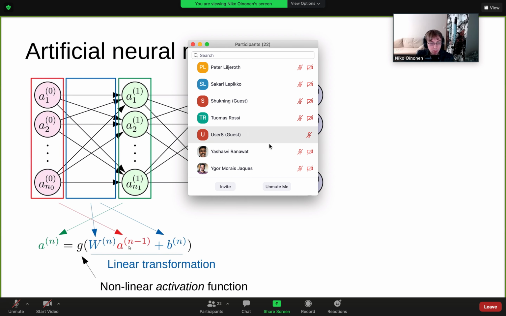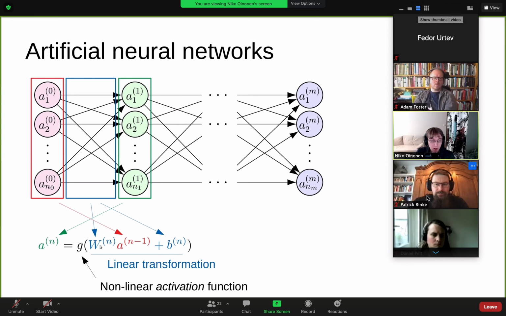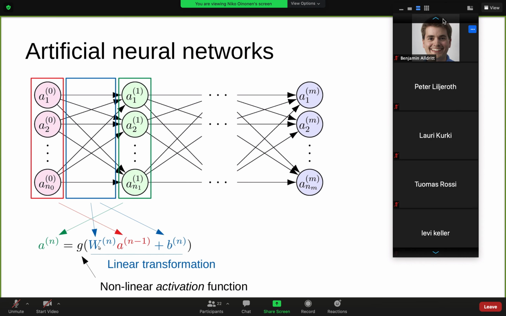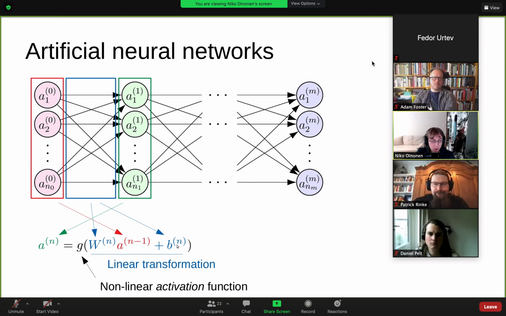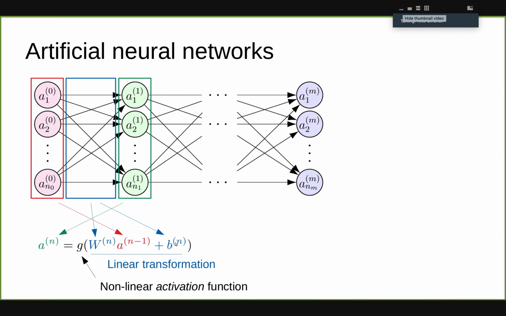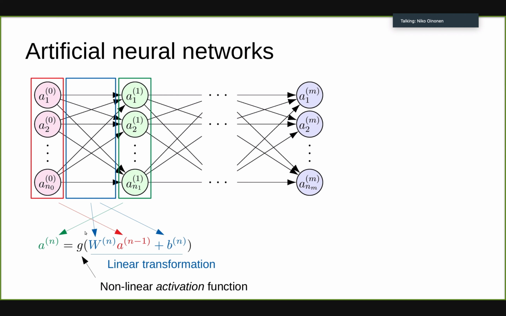The way that this happens is that you take your input vector of data and multiply it by some matrix, which is parameterized, where the entries in the matrix are the parameters of your model. And then you also add some vector, which also holds parameters of the model. So in summary, you do a linear transformation to your vector, and then you put it into this function G, which can be any nonlinear function.